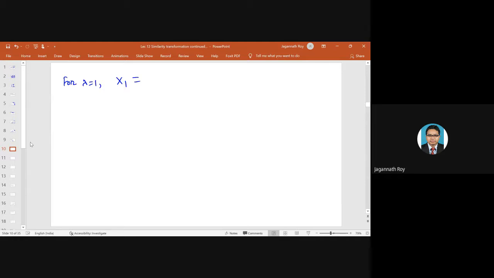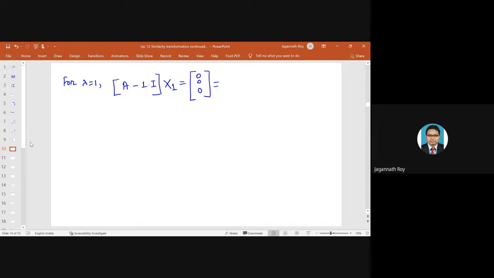In order to find x1, you have to solve A minus 1 times I, times x1, equals 0 0 0.